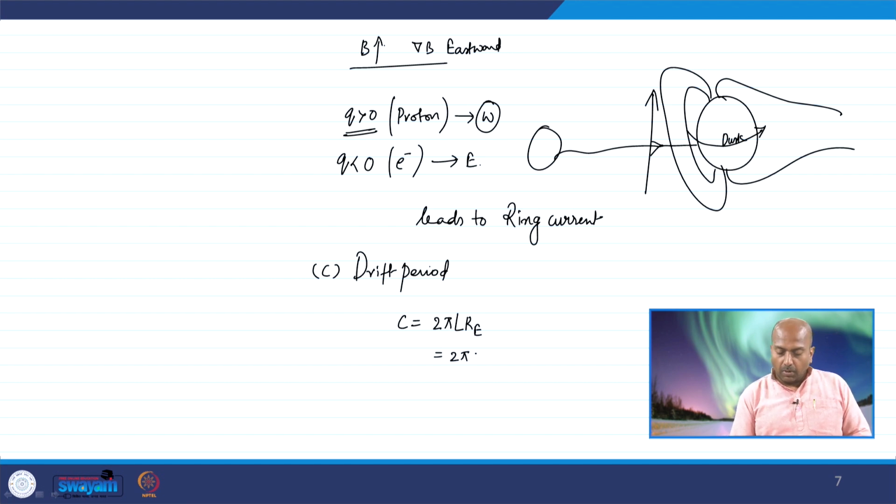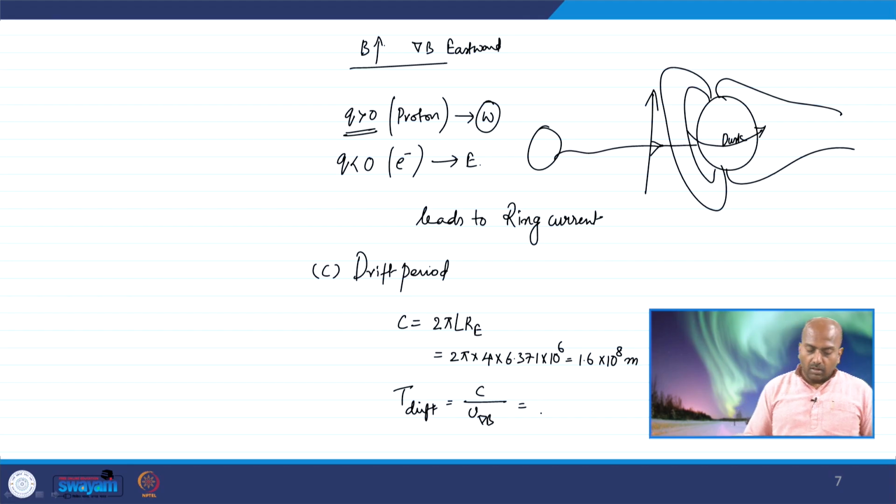So, 2π times 4, the value that we are given, times 6.371 × 10^6 meters, which is 1.6 × 10^8 meters. So, time is C by V_del_B. If you substitute these values, you can easily calculate how much time it takes for the drift.